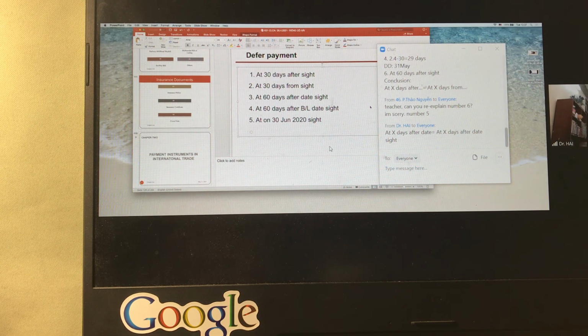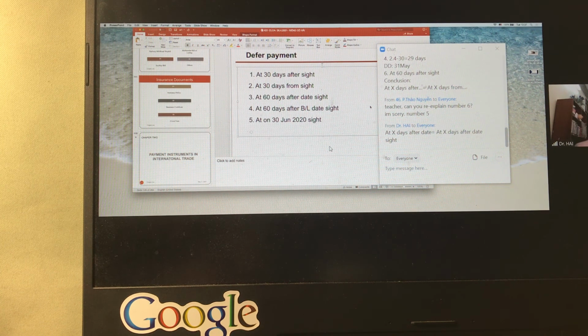In international trade, in my opinion, we should not choose a fixed day like case number 5, because we cannot make sure that the exporter ships the goods in time. Maybe he refuses to send the goods.